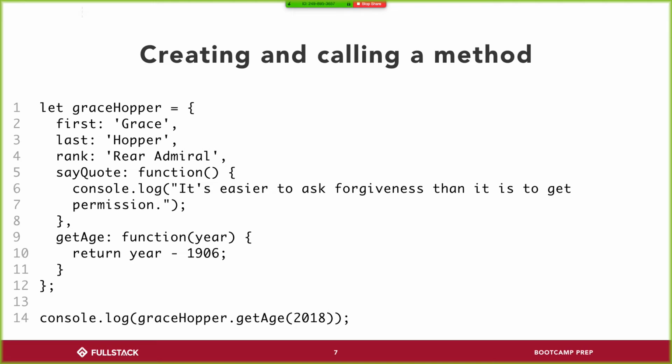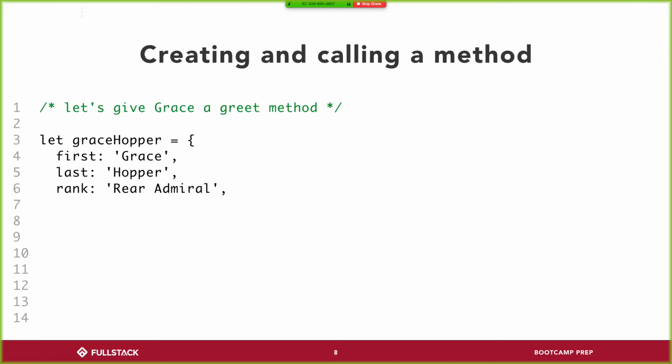There are two methods on this object, and they each can be invoked outside of the object. Within the object, we're just declaring it, but we're not invoking it. We're just creating it to be invoked at a later time.